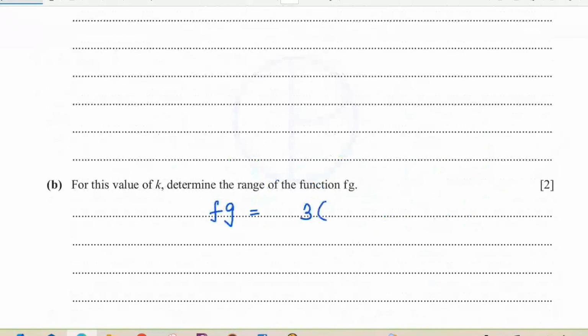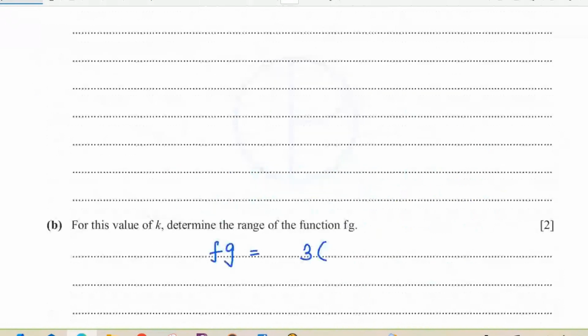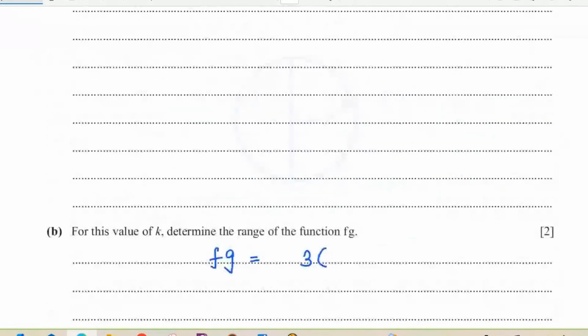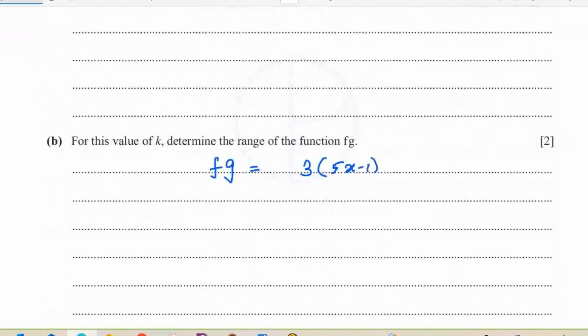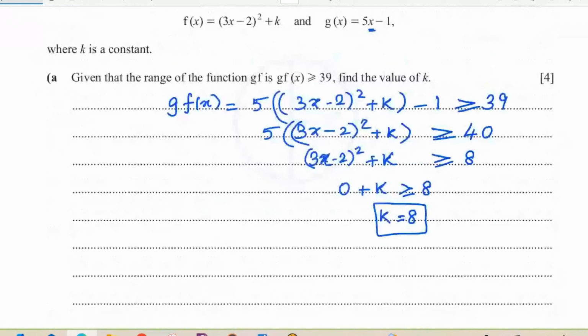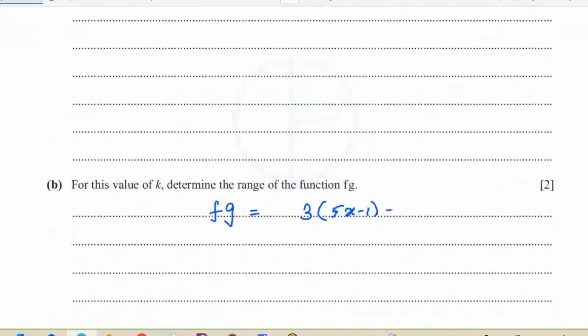For x, you substitute the g value, which is 5x minus 1, and the k value is 8.